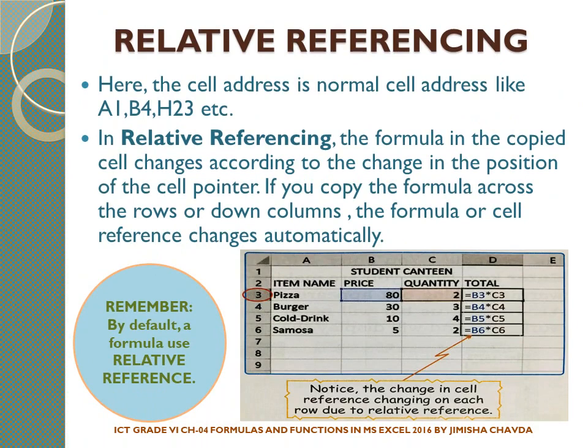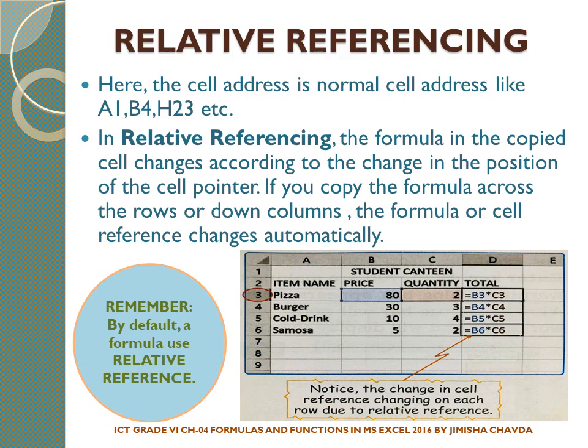Relative referencing. In relative referencing, the cell address is a normal cell address like A1, B4, H23, etc. In relative referencing, the formula in the copied cell changes according to the change in the position of the cell pointer. If you copy the formula across the rows or down columns, the formula or cell reference changes automatically.